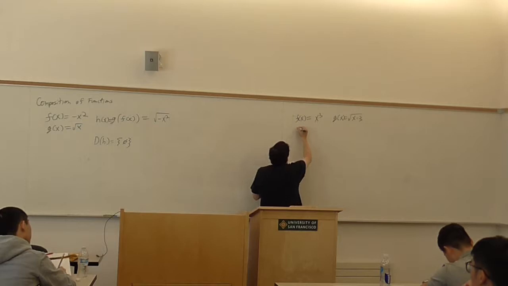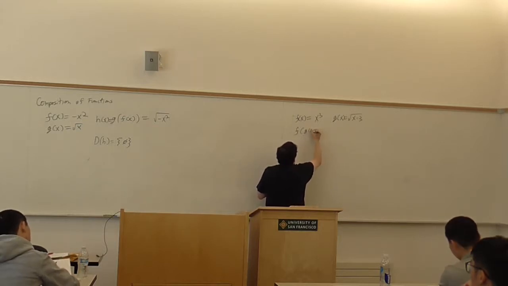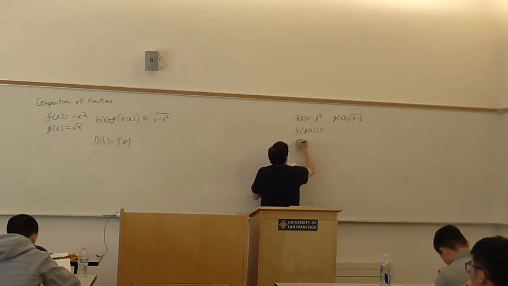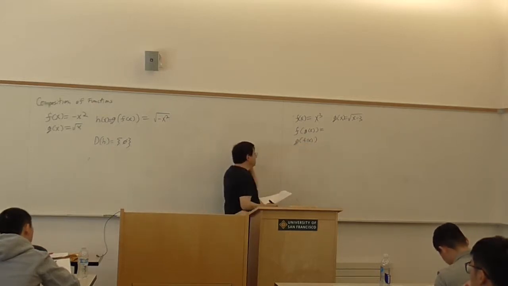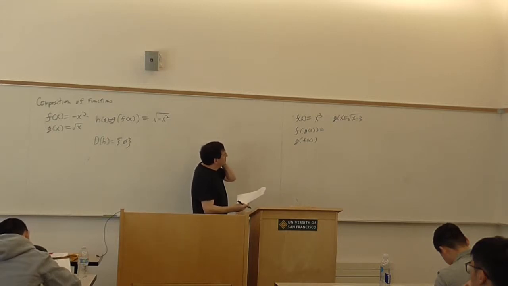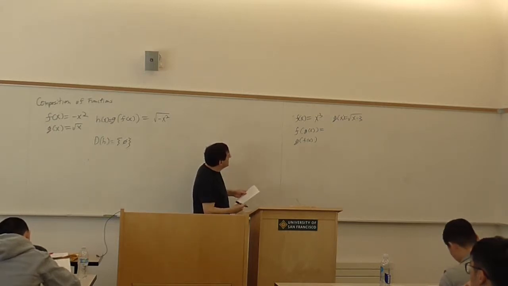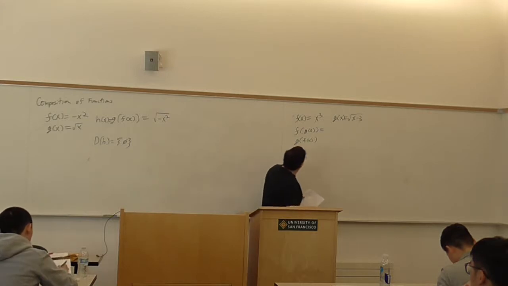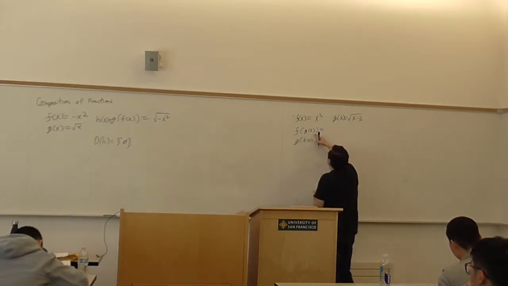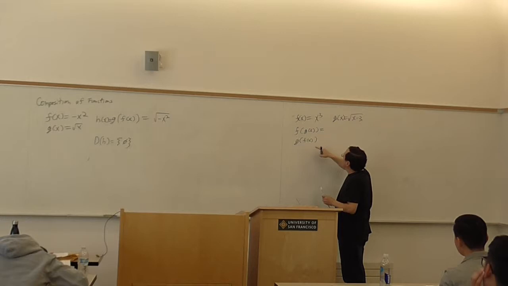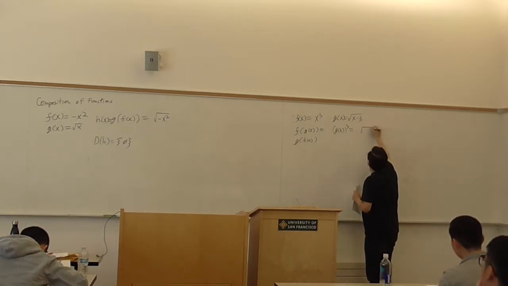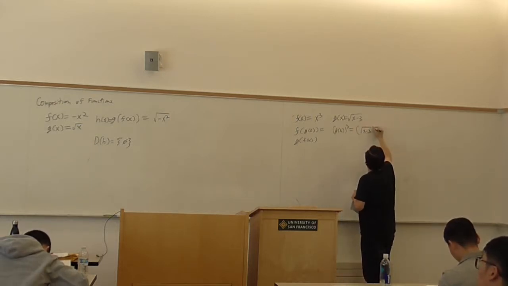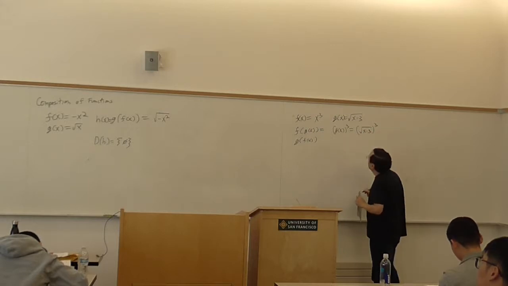And I'm interested in both compositions, f of g of x and g of f of x. So, okay. F of g of x, well, g of x is my independent variable, so that gets cubed. That just becomes square root of x minus 3 cubed.